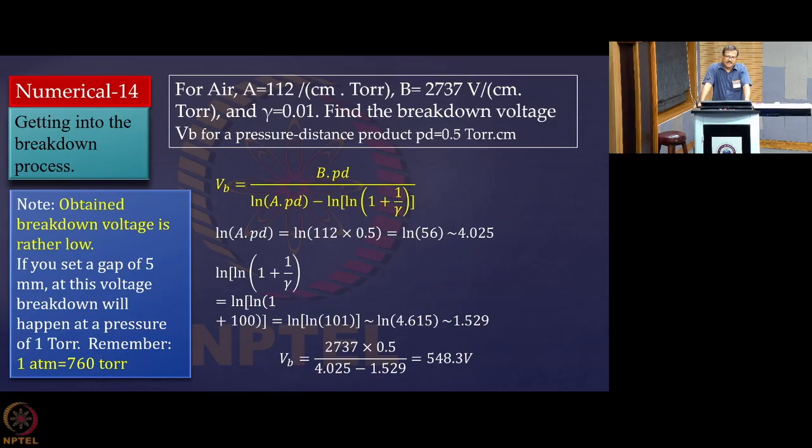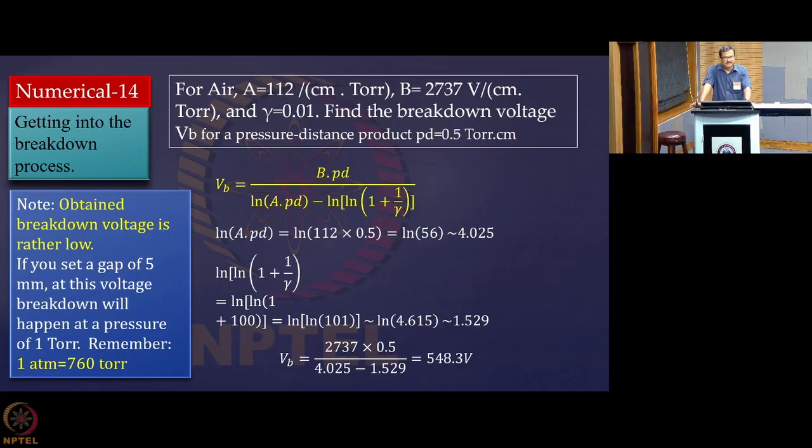There we will be working directly with the Paschen breakdown curve. For air, in the Paschen breakdown formula, A is 112 per centimeter, B is 2737 volt per meter, and gamma is given as 0.01, and we want to know the breakdown voltage that will be required for a PD of 0.5 torr centimeter.